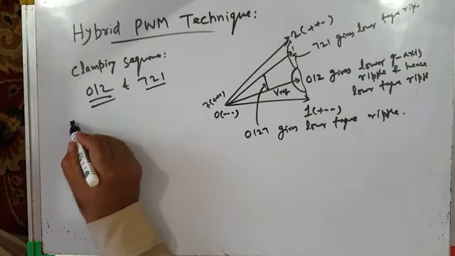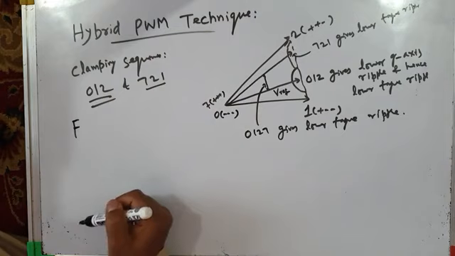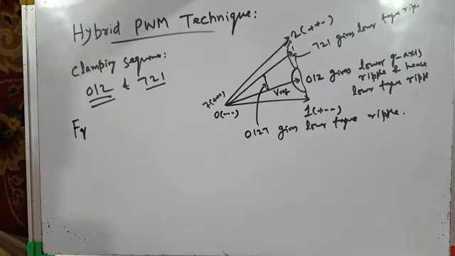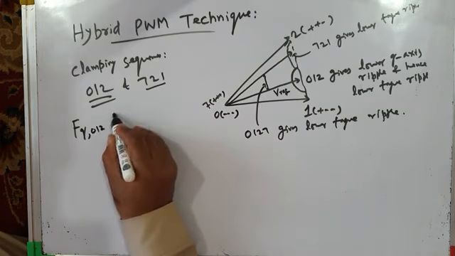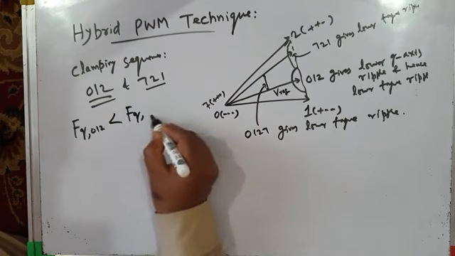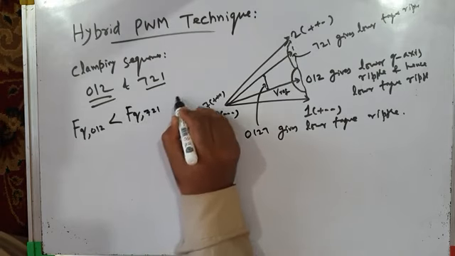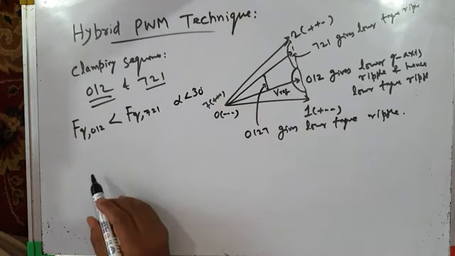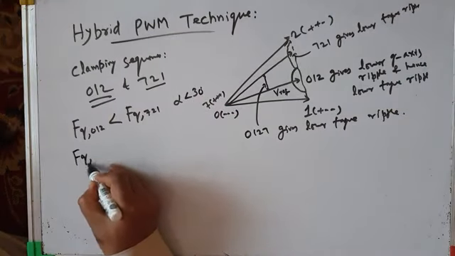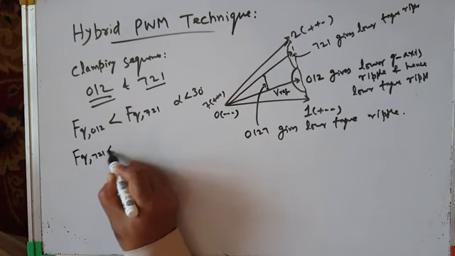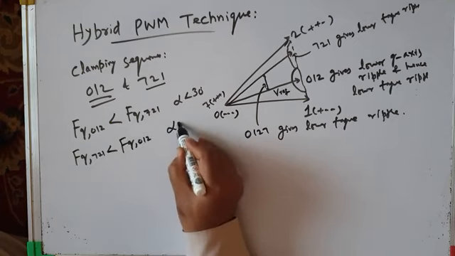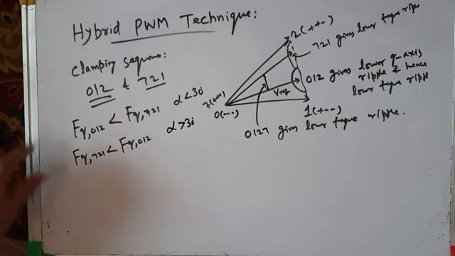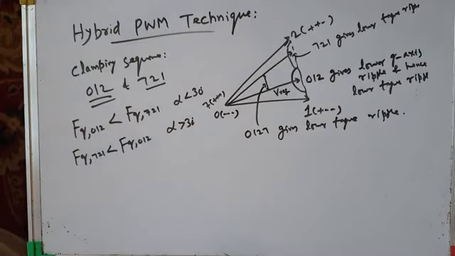And if you remember, when we compared the two clamping sequences, we found that FQ, that is the Q-axis stator flux ripple with clamping sequence 012, is less than the Q-axis stator flux ripple with clamping sequence 721 for alpha less than 30 degrees. And we also found that the Q-axis stator flux ripple with clamping sequence 721 is less than that with clamping sequence 012 for alpha greater than 30 degrees. This was the finding when we compared these two switching sequences in terms of stator flux ripples.